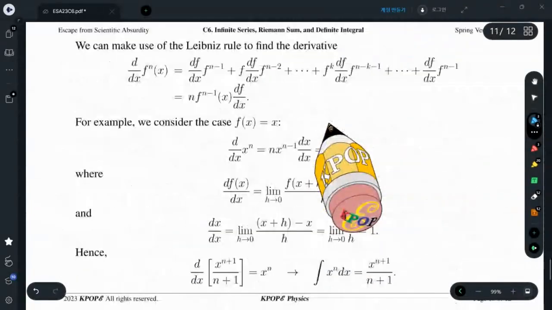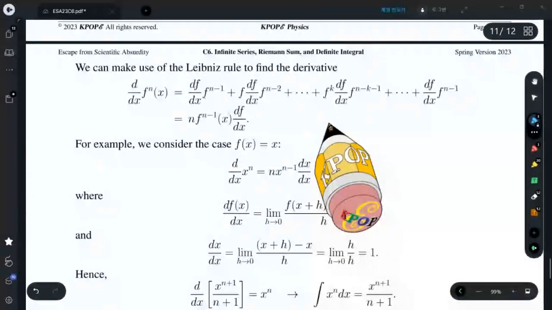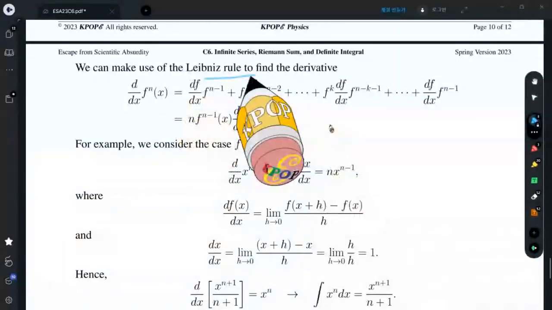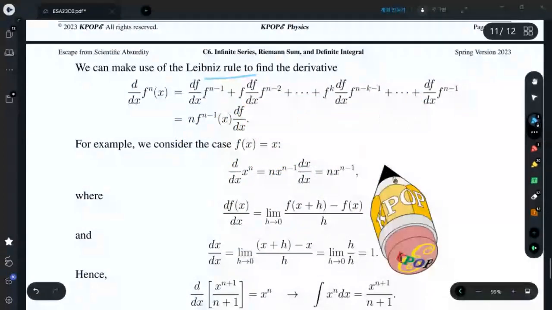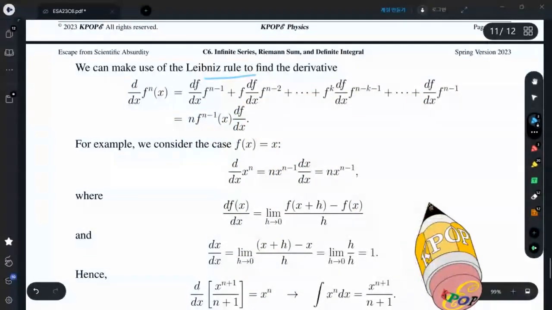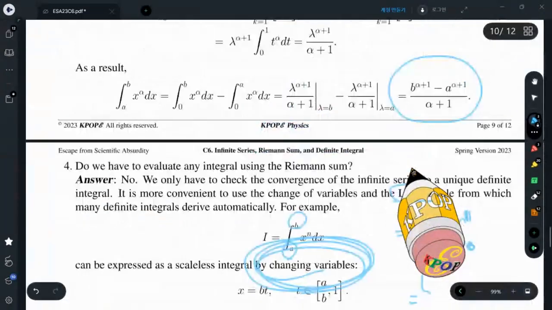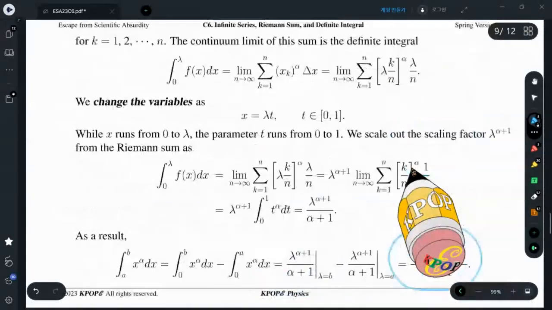Another way is also introduced by Leibniz, and in association with mathematical induction, you can develop a very efficient way of computing the derivative and its inverse operation called integration. Until now, what we have done is this tedious summation.